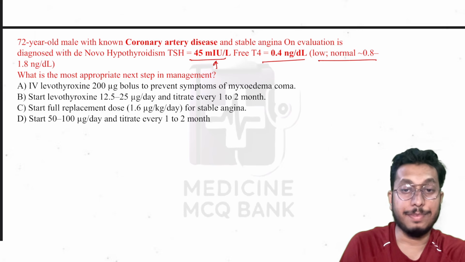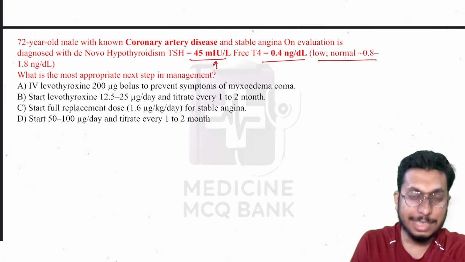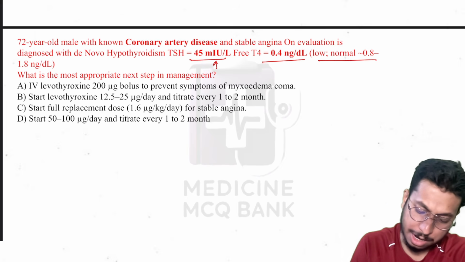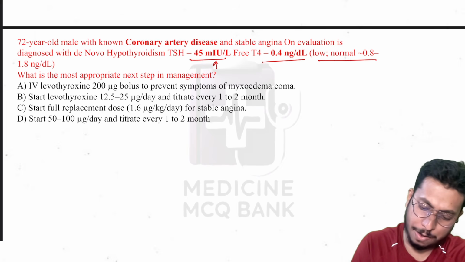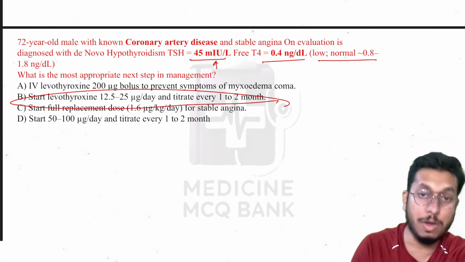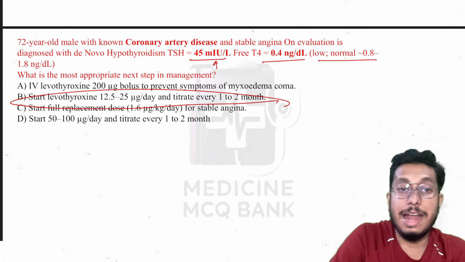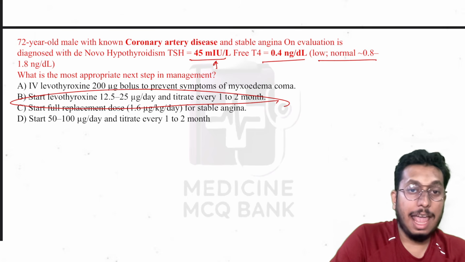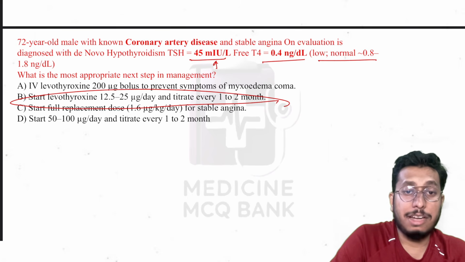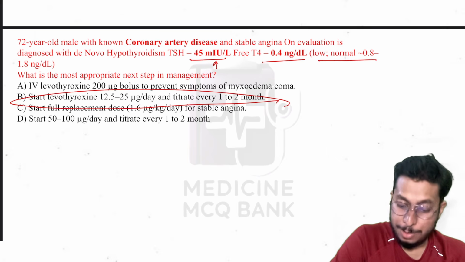Obviously I would like to start levothyroxine at 12.5 to 25 microgram per day and titrate slowly. Why so? Look, this patient is elderly and there is coronary artery disease, so I would like to titrate the thyroxine level slowly.